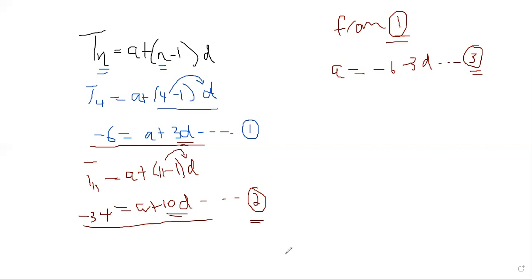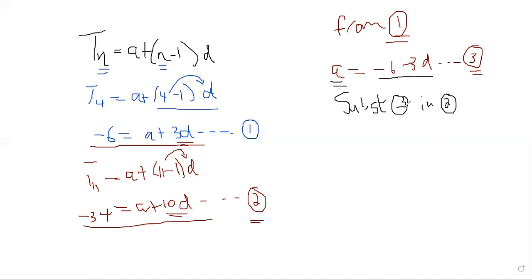So when we continue, we say that you substitute equation 3 in equation 2. Meaning wherever in equation 2 where we see A, we will put -6 minus 3D, right? So we must always make sure here that you have the correct thing, because if you mess up, the whole thing will be wrong, right?